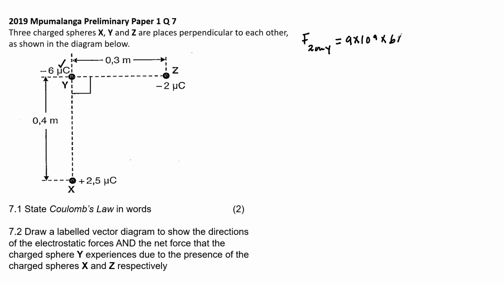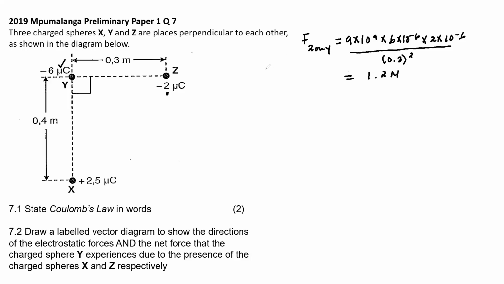Micro means by 10 to the power negative 6, multiplied by, again, the magnitude there, 2 by 10 to the power negative 6. All this over R squared, which is measured in meters here, which is 0.3, and that's squared, which gives me 1.2 newtons.